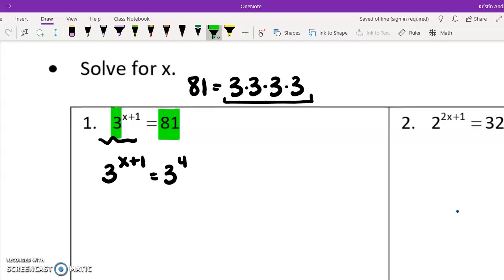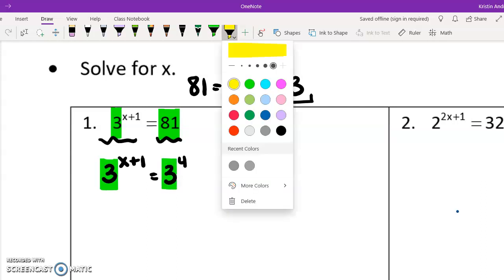So I've taken the left-hand side and the right-hand side, and I've written both of these with a base of 3. Once the bases exactly match each other, so a 3 and a 3, all you have to do is take your powers and set them equal to each other.